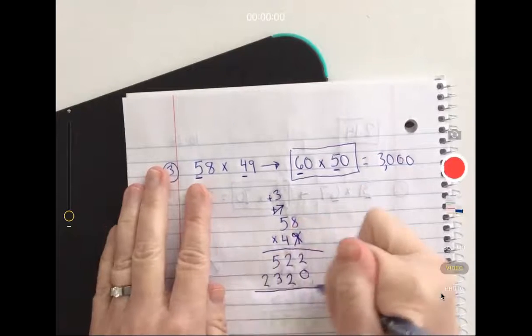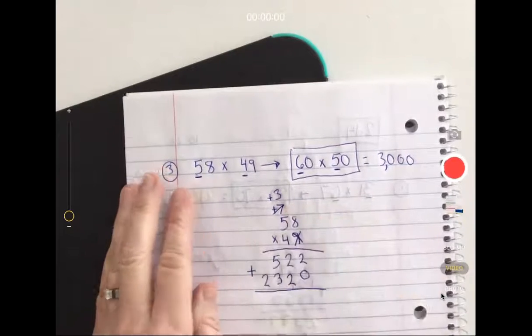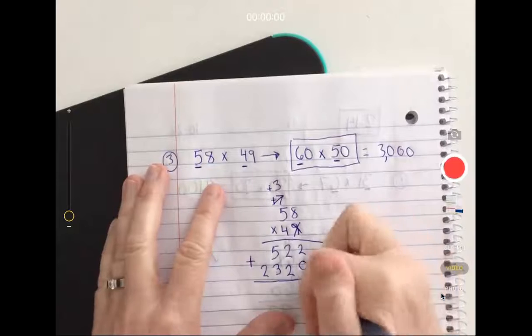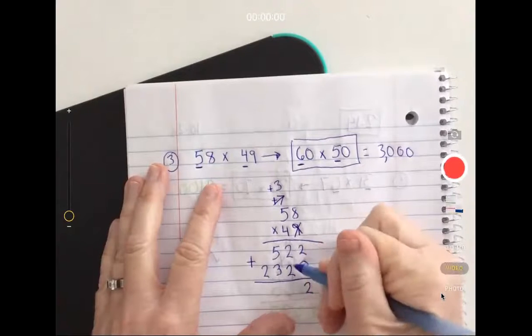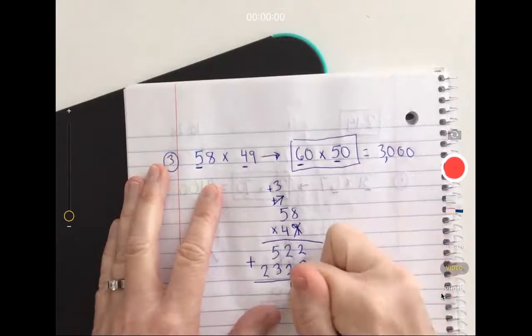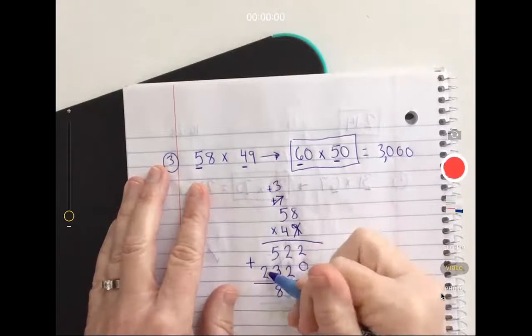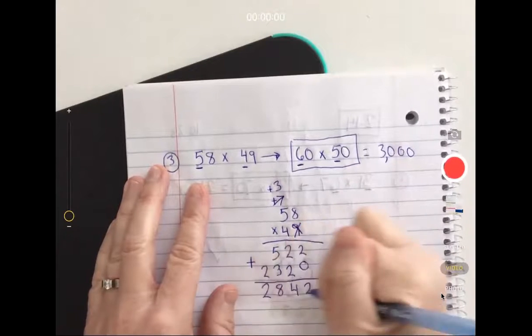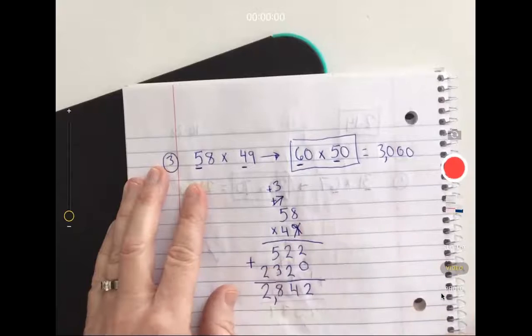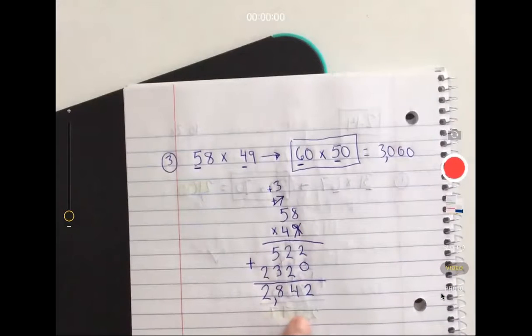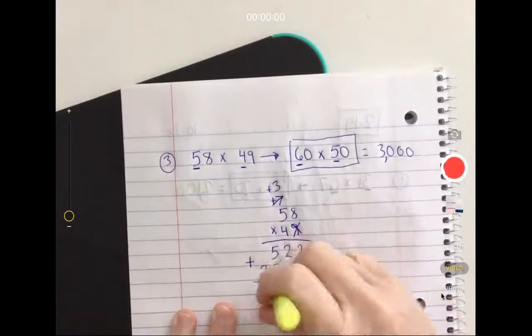I finished. Now I need to add these two products together. 2 plus 0 is 2. 2 plus 2 is 4. 5 plus 3 is 8. And 2 plus nothing is 2. 2,842.